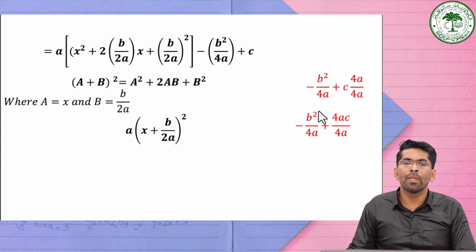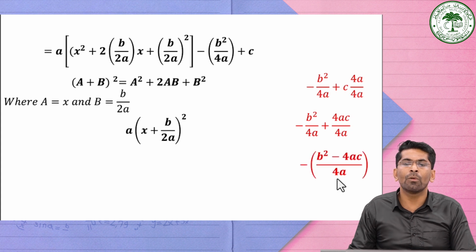Then it will become b square divided by 4a plus 4 into a into c, that is 4ac, divided by 4a. We have a common denominator now, 4a, taking it common and taking the minus outside. So it will become b square minus 4ac, divided by 4a.